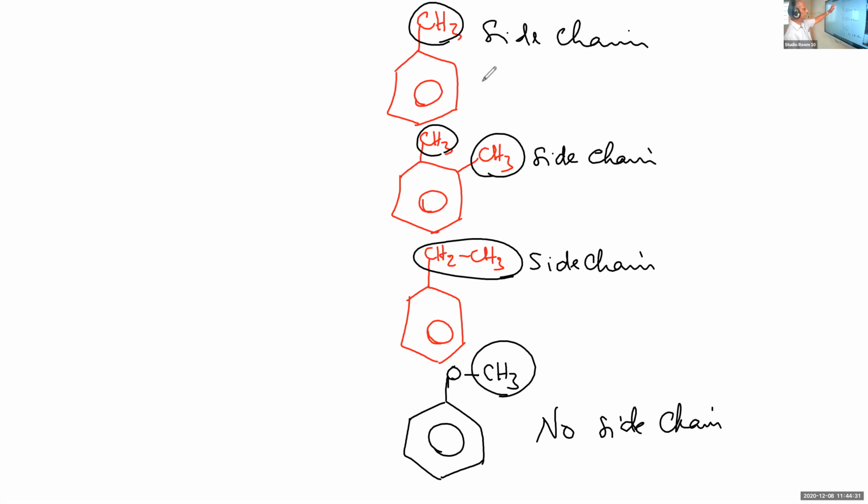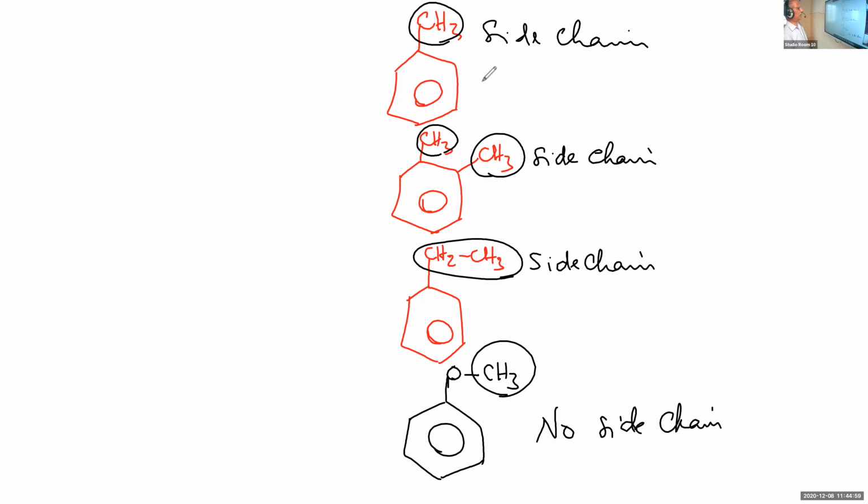If a carbon group is to be treated as a side chain, there should be a special type of bonding. What is the difference you can see here?